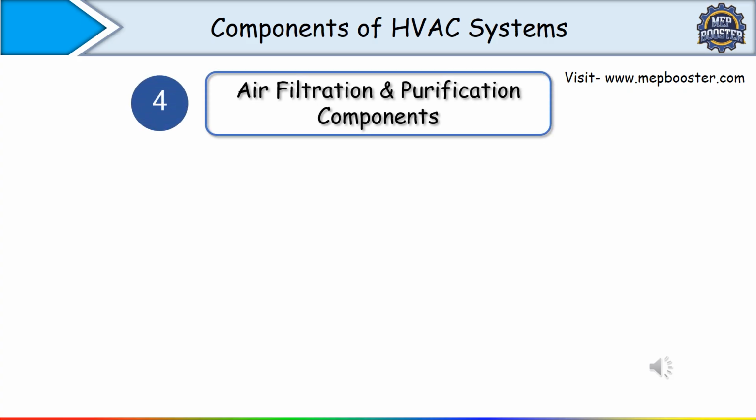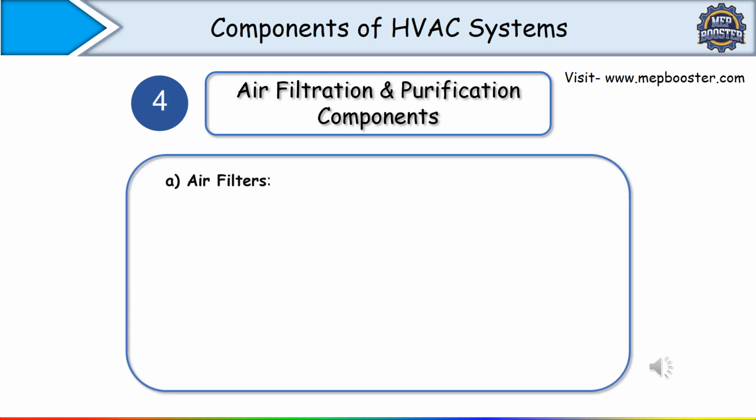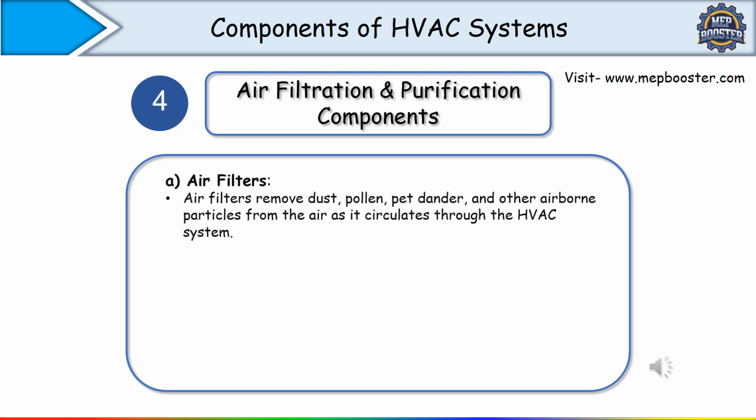Now the next component is what? Air filtration and purification components. In that, first is the air filter. An air filter generally removes dust, pollen, pet dander and other airborne particles from the air as it circulates through the HVAC system.